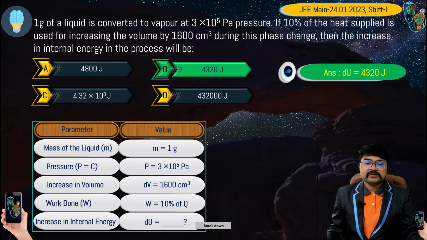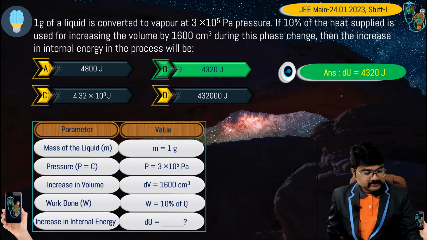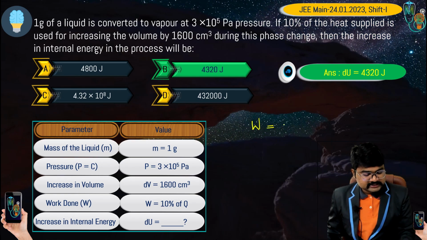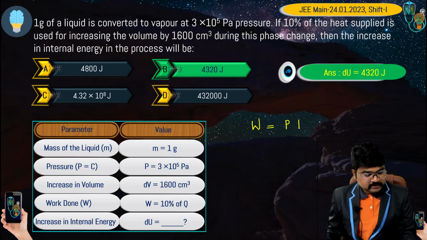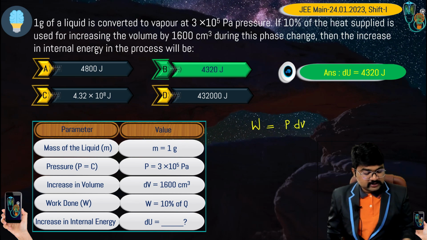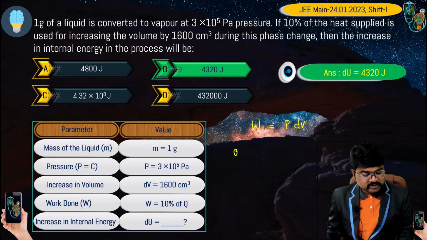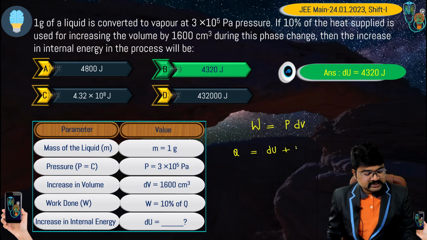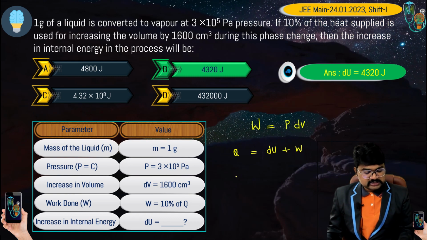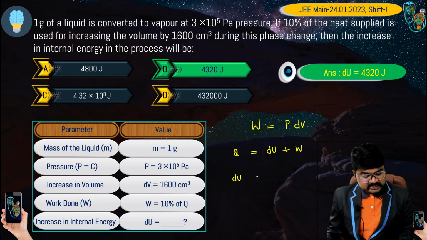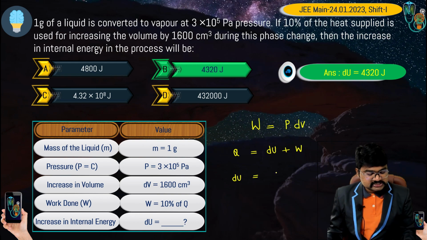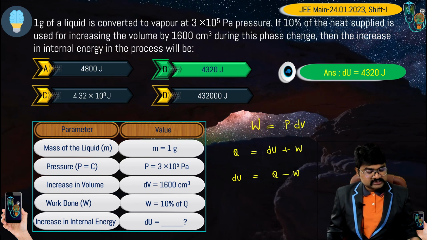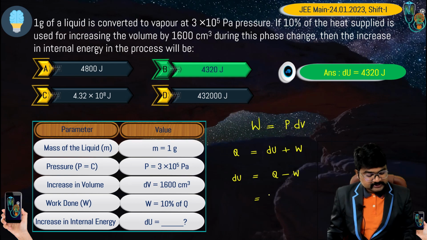Given data. What are the formulae used here? W equals to PDV, pressure constant, and one more thing, Q equal to first law of thermodynamics, Du plus W. Okay? So here Du, the change in internal energy, equal to Q minus W. Q is nothing but 10W.